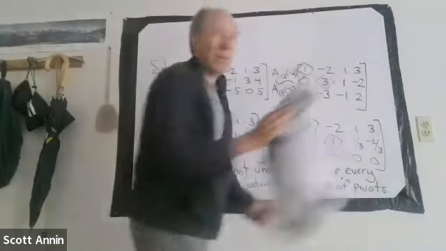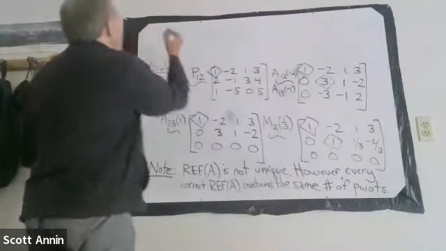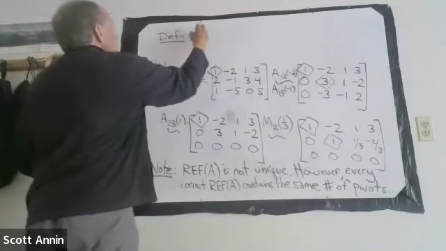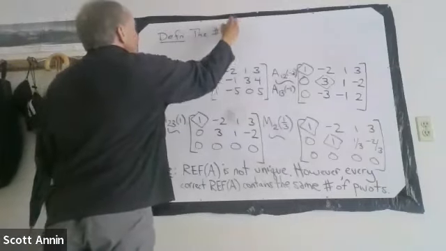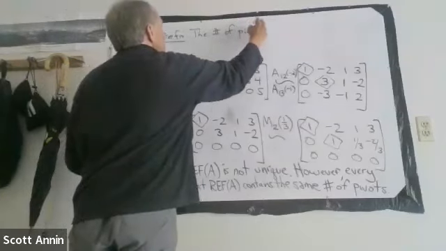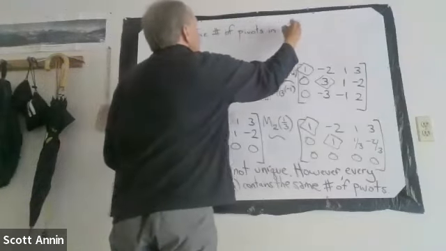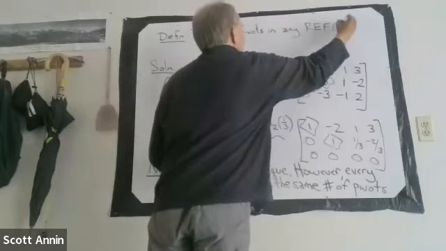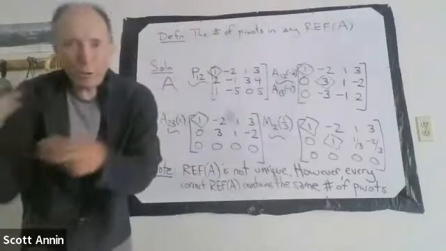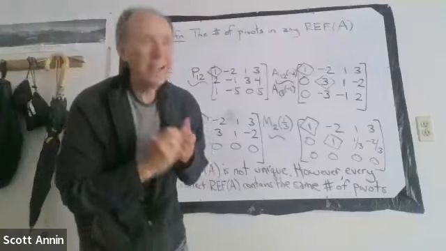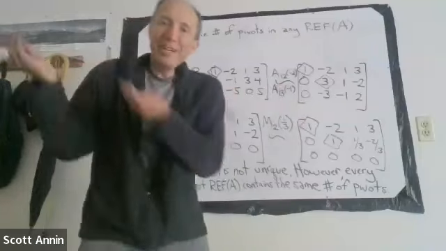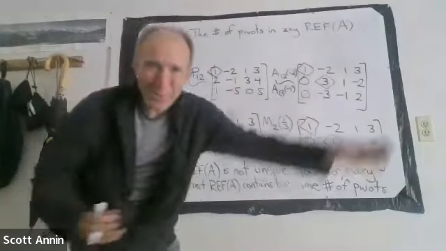It's a big, big concept in linear algebra, so I'm going to write it as a definition. The number of pivots in any row echelon form of a matrix. So you take any matrix and you do EROs on it by whatever means you want. You bring it into row echelon form with all the pivots going down and to the right, the rows of zeros all at the bottom.